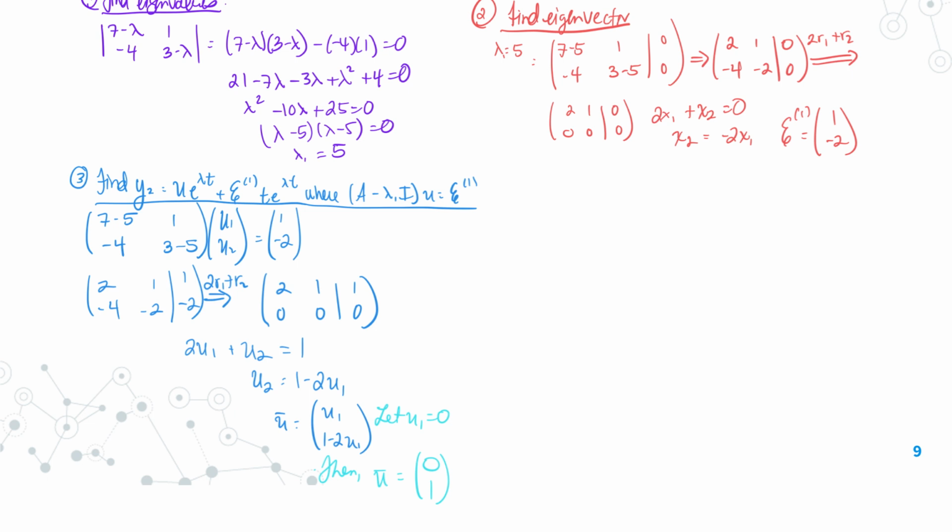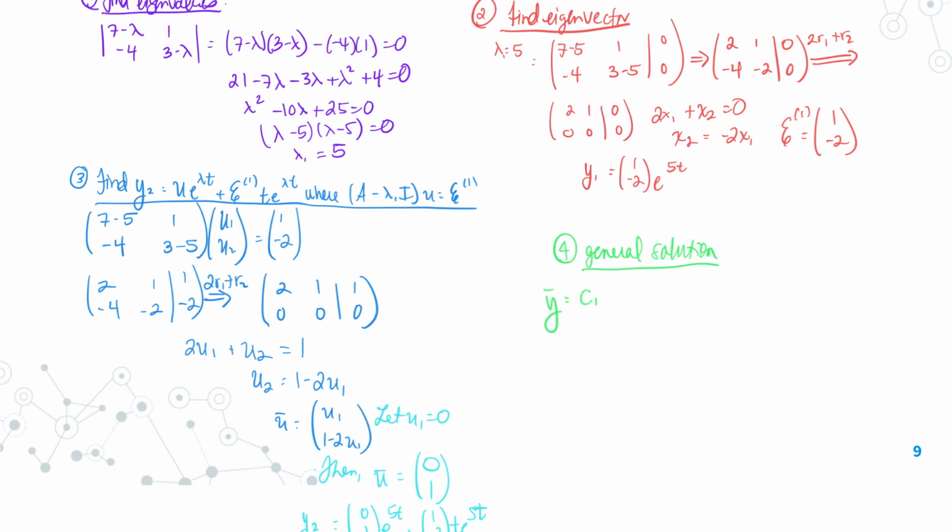So that means that, I forgot to write in y1 up here. So y1 was the vector 1, -2, e to the 5t. And that means y2 is going to be this u, which is 0, 1, times e to the 5t, plus our eigenvector 1, -2, times t e to the 5t. And now we just need our general solution, which puts it all together. So step 4 is our general solution, which tells us that y is equal to c1y1 plus c2y2.